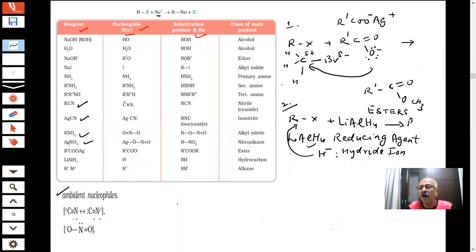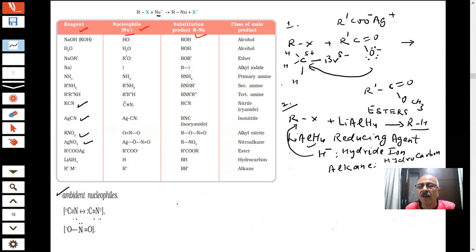You will get RH. What is RH? You are able to prepare alkanes. What are you preparing? Hydrocarbon. Is it clear?